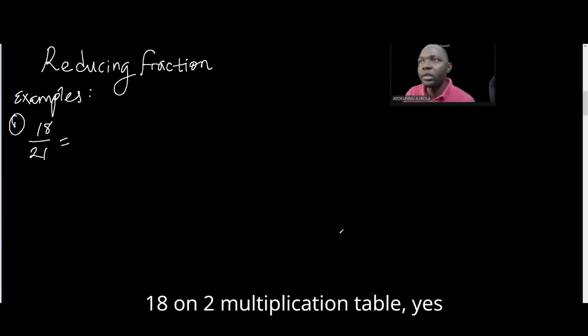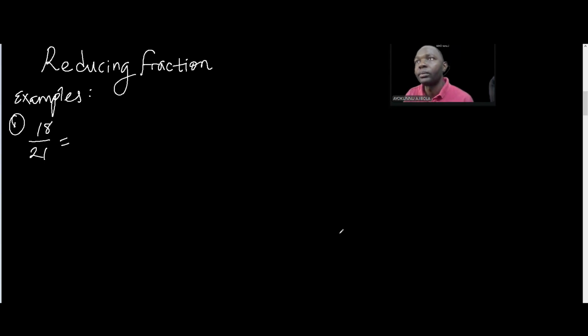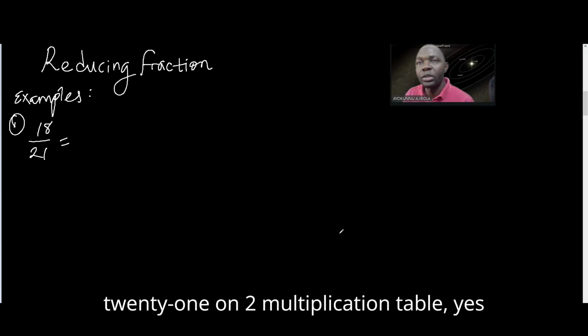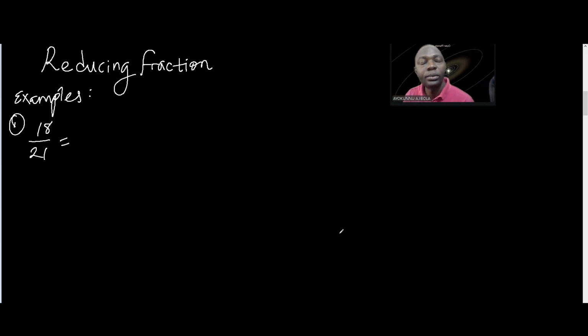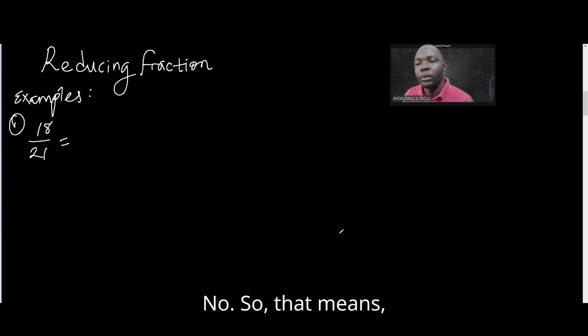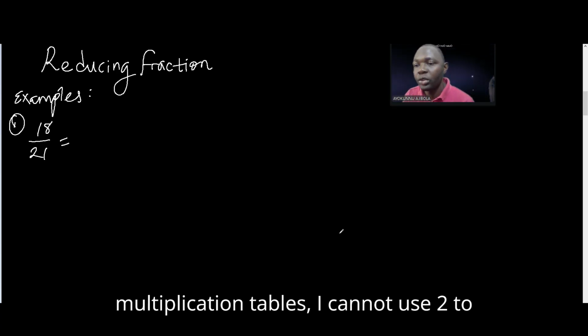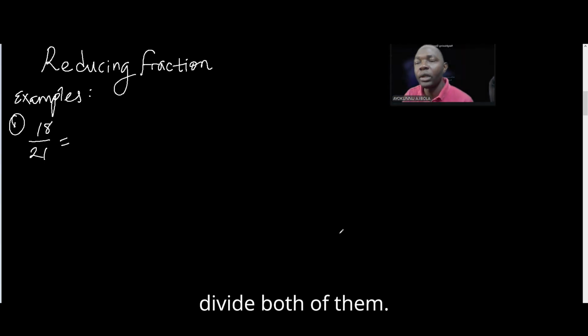I can find 18 on 2 multiplication table. Yes or no? Yes. Okay, let me say this. I can find 21 on 2 multiplication table. Yes or no? No. Speak up. No. So that means since both of them are not found on 2 multiplication table, I cannot use 2 to divide both of them.